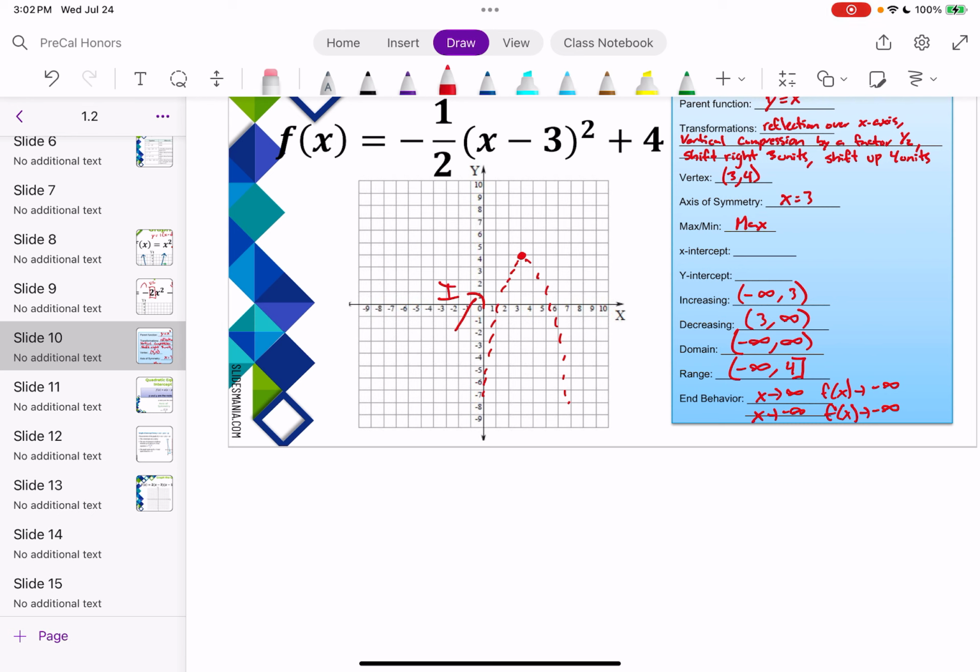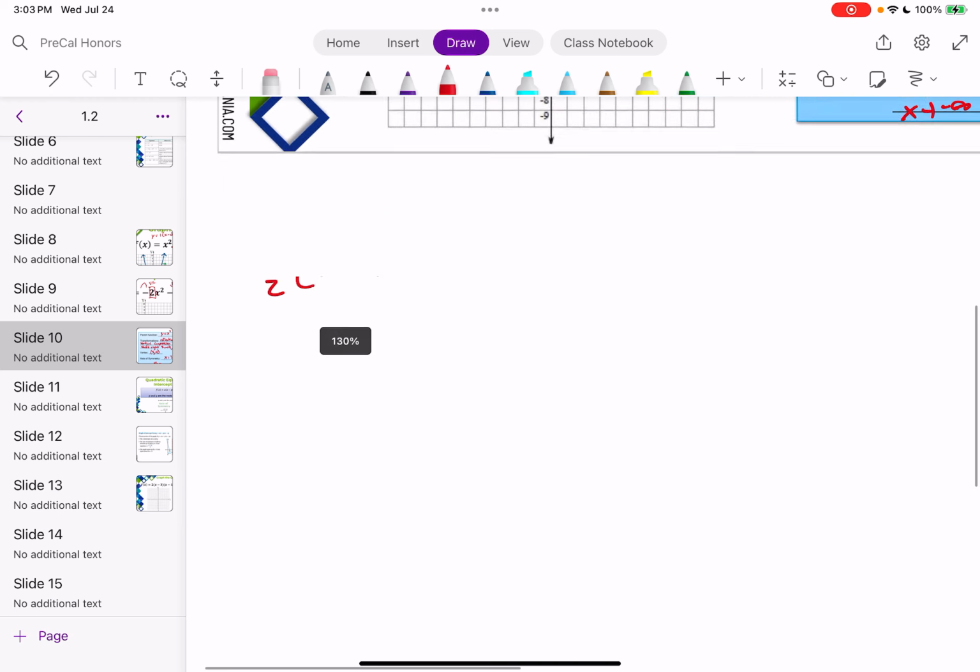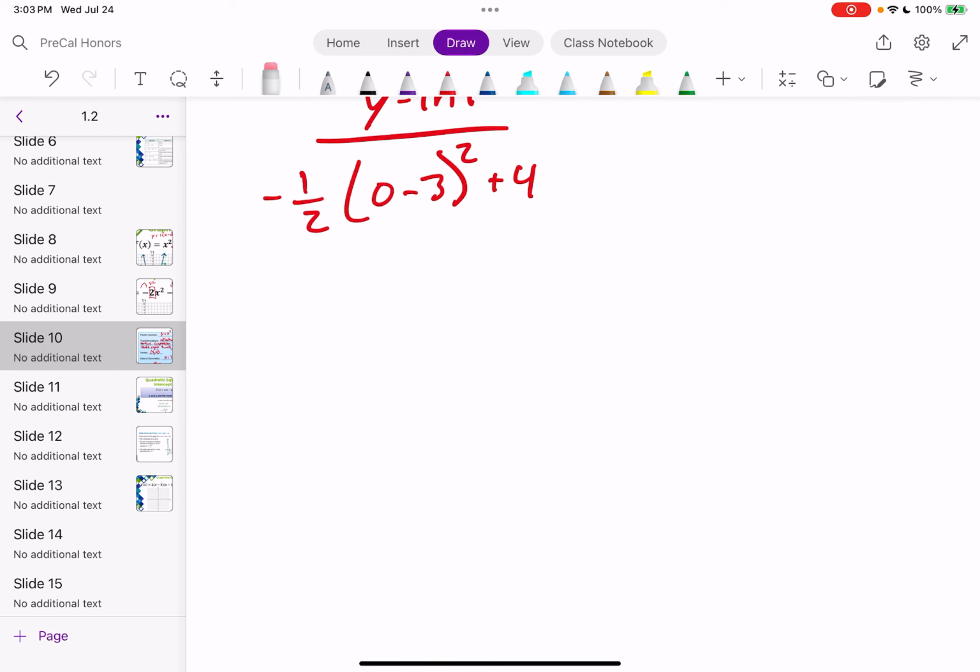So we're going to get negative 1/2 times (0 minus 3) squared plus 4, and we'll just work that out. Negative 1/2 times negative 3 squared plus 4, negative 1/2 times 9 plus 4.